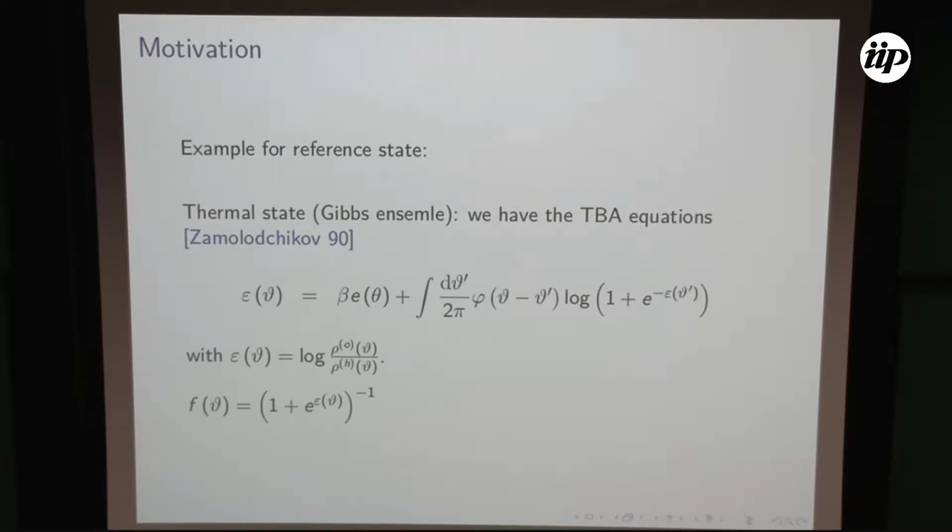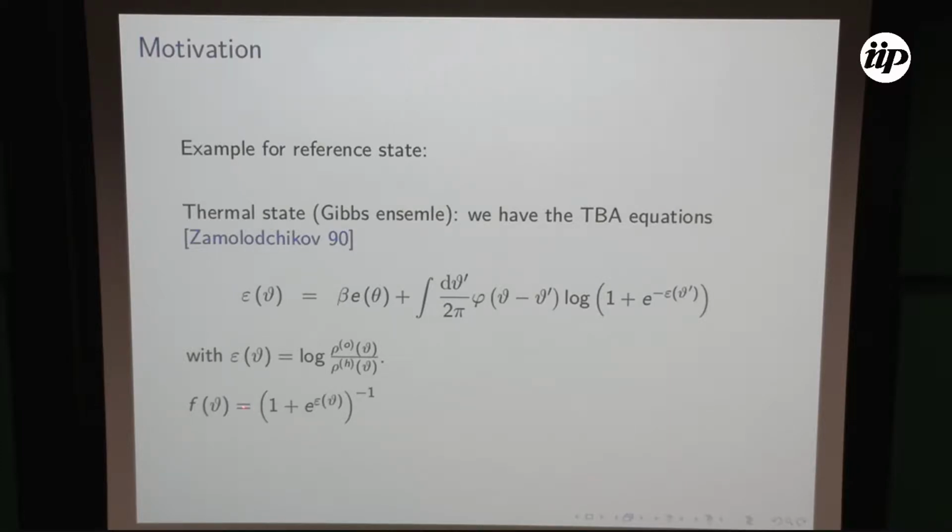That's really the saddle point solution for the thermal situation. Here, E is the one-particle energy, and beta is the inverse temperature, or finite volume if you want to look at the situation in finite temperature.